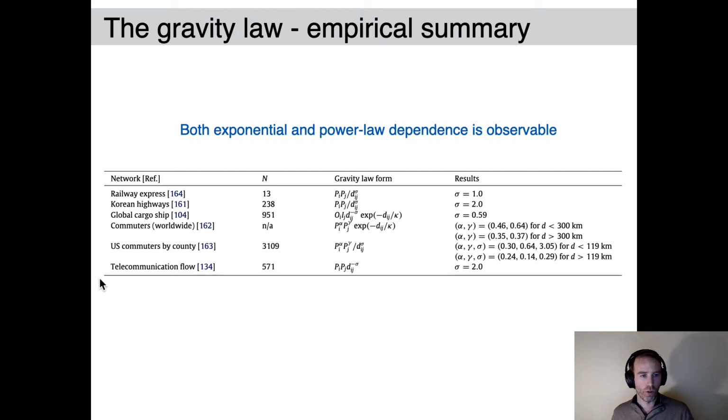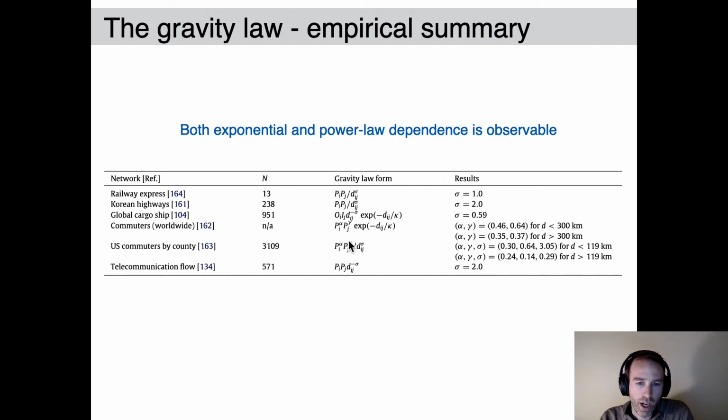And here are other examples using different data: railways and highways, ships, and so on. You see that the authors fitted different gravity laws, and they change the value of the sigma. Here it's 2, but here it's only 1, and here it's 0.6 approximately. And sometimes they use more complicated functions in which, in order to fit more accurately, they need to add these parameters.